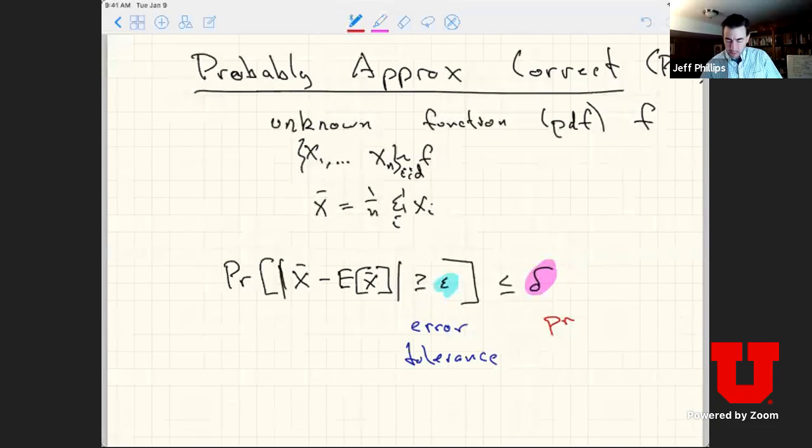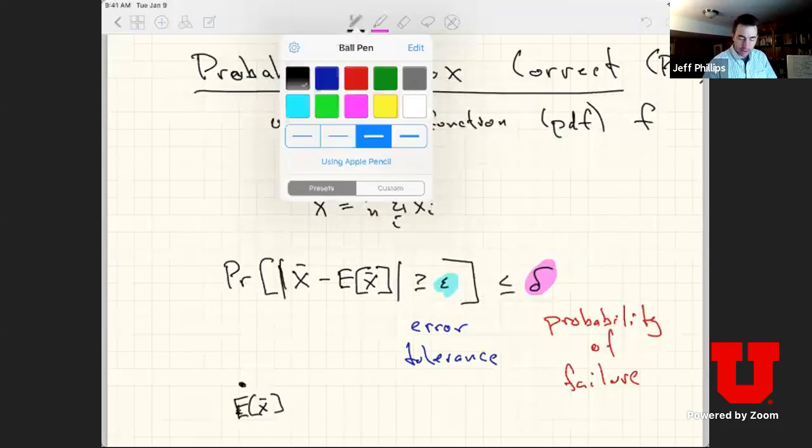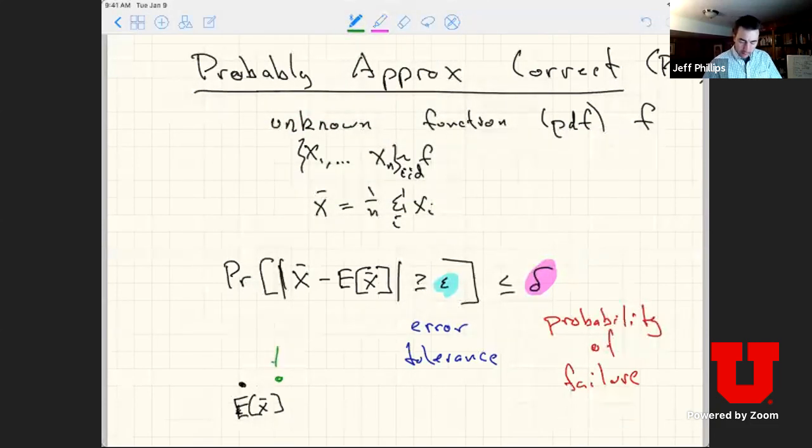I think of delta as the probability of failure, meaning the probability I fall outside of this bound. Think of there being some true expected value of x bar. The expected value takes a random variable and turns it into an actual value. So this is the actual value I want to get, and then I observe something, the realization of x bar, which I'll call p bar.